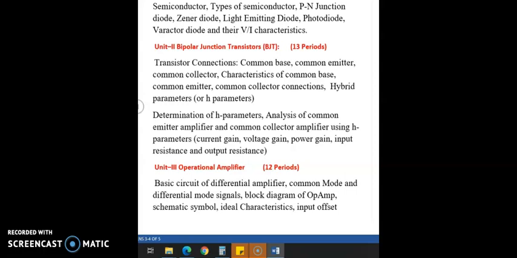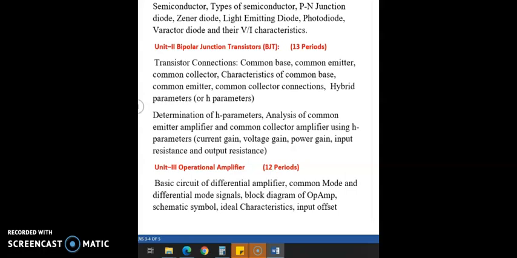Along with this, we are going to study the Zener diode, its characteristics and its usage, light emitting diode, photodiode, varactor diode and their voltage against current characteristics. This is about the first unit.